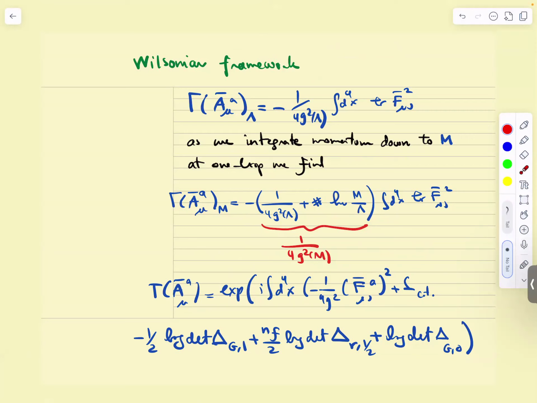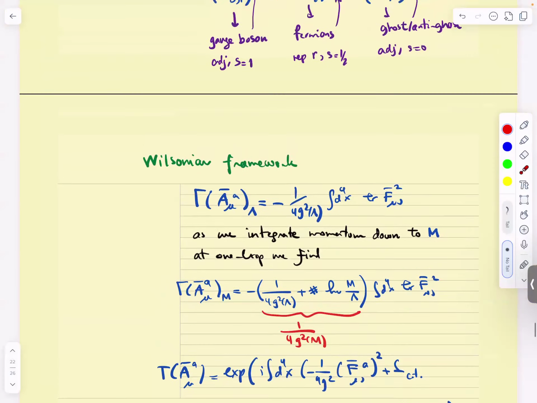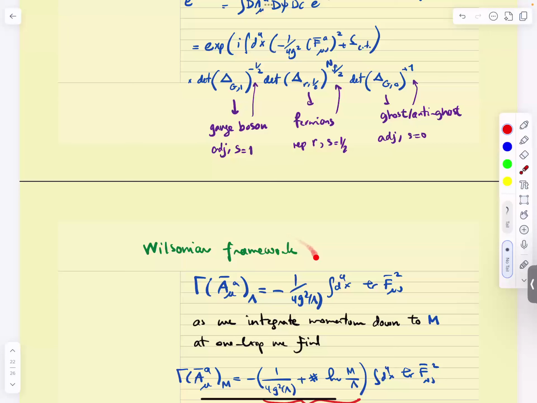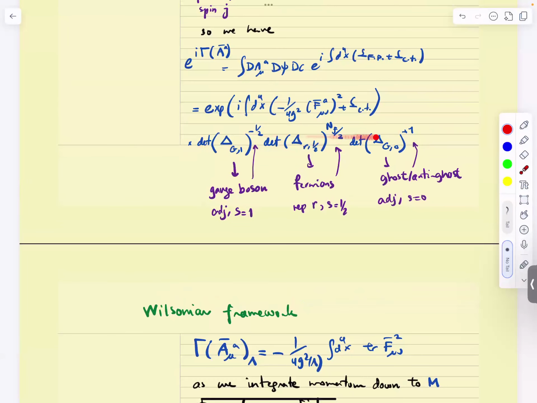So imagine we introduce a momentum cutoff at scale lambda. In the Wilsonian framework, you don't have these terms at all, and at scale lambda, this gamma is just coming from this integral, where g squared is now g squared at that scale.